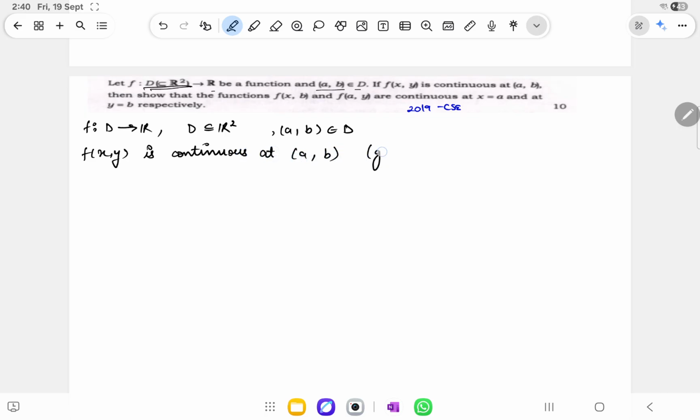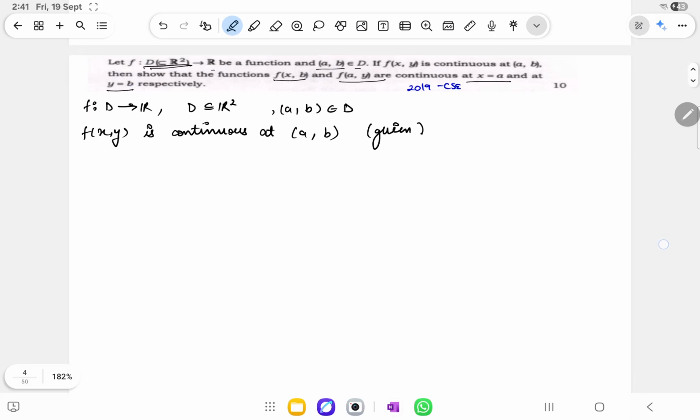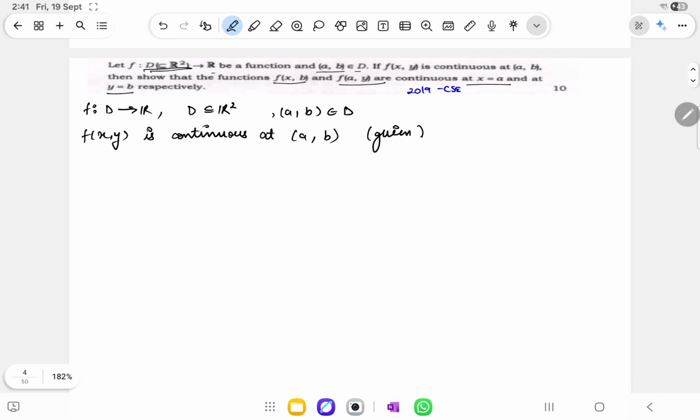This information is given to us, and we are supposed to show that the functions f(x, b) and f(a, y) are continuous at x equals a and at y equals b respectively. So this is a very basic question.